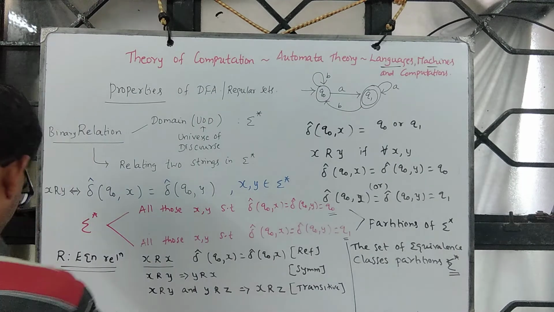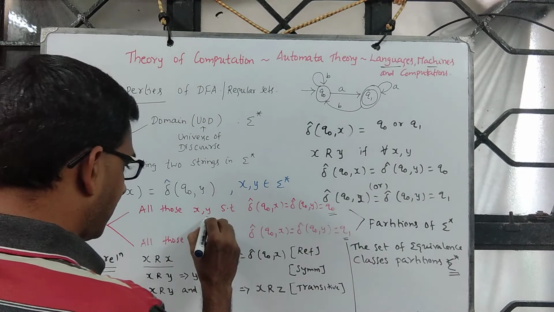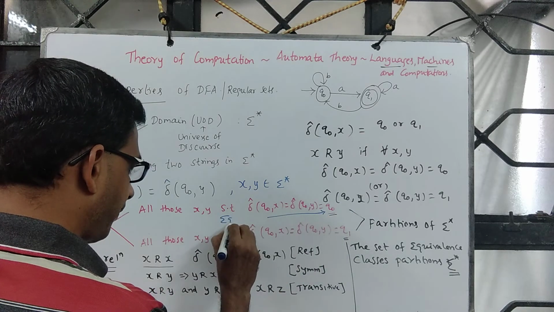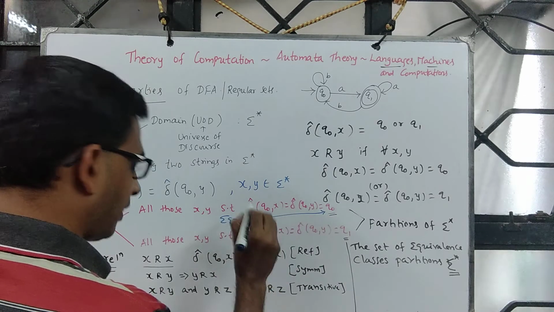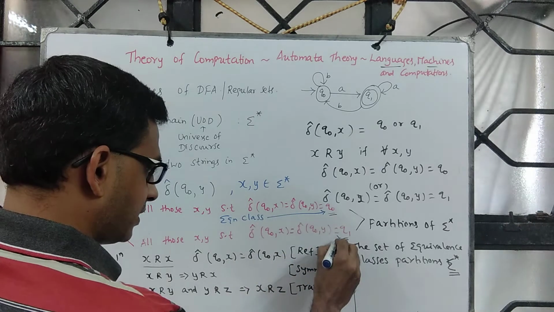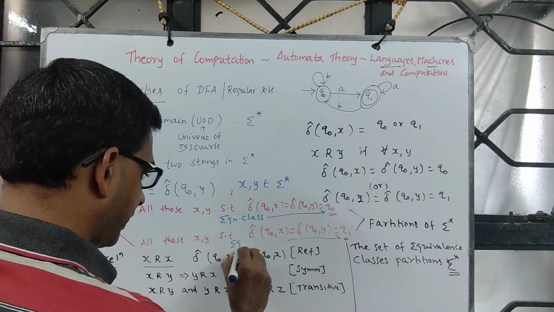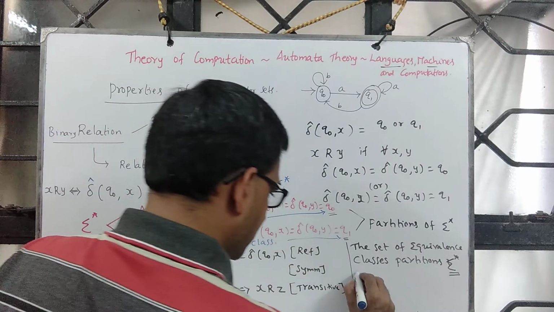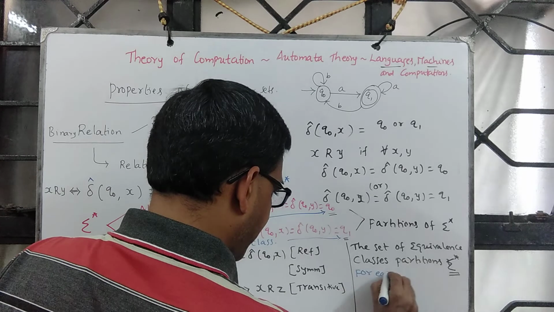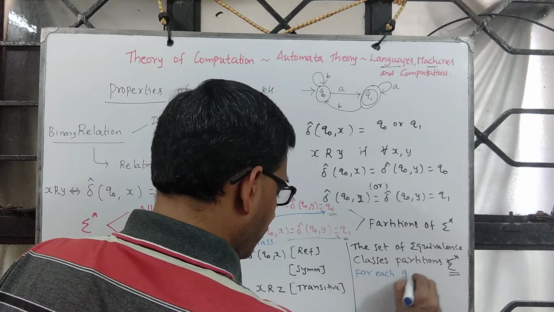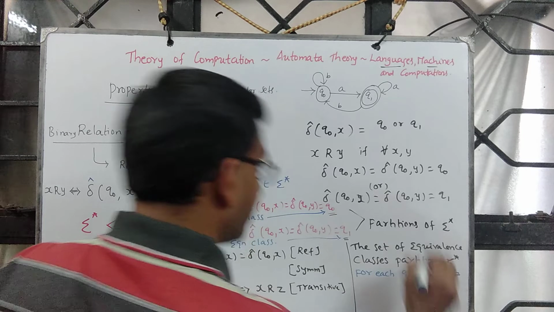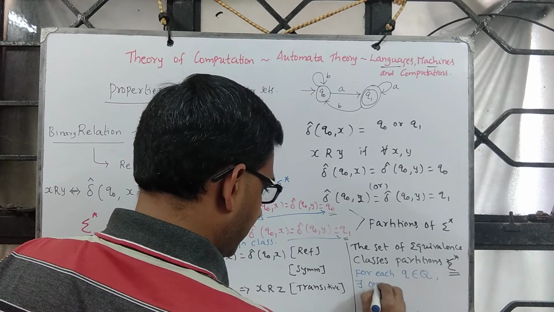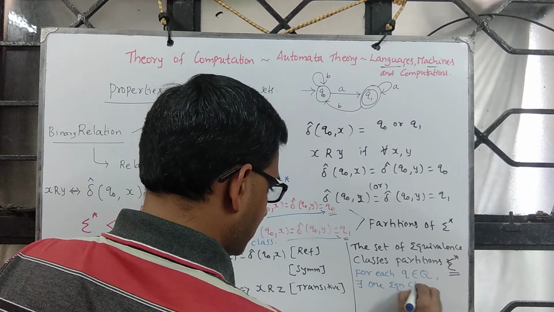Okay. So we see that this is an equivalence class corresponding to Q0. This is an equivalence class corresponding to Q1. Which means for each Q belonging to this set, there exists one equivalence class.